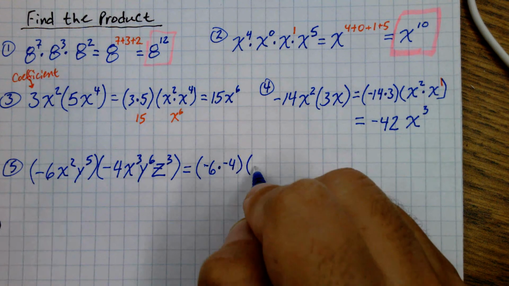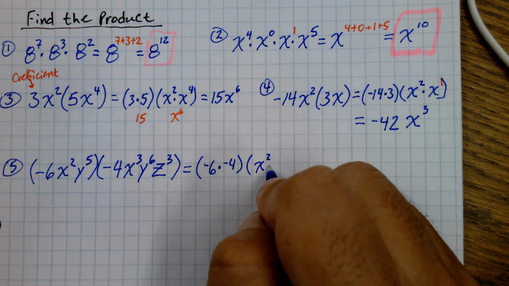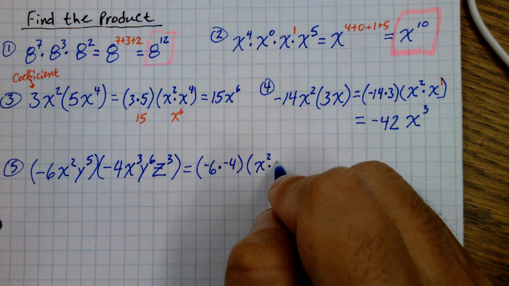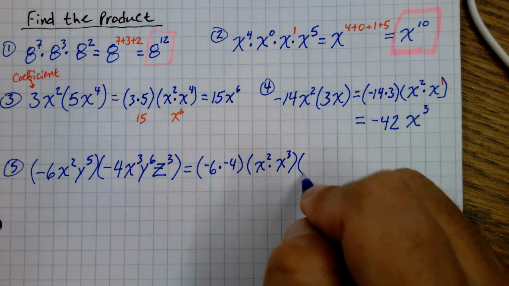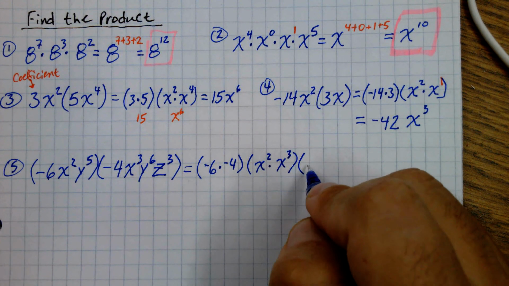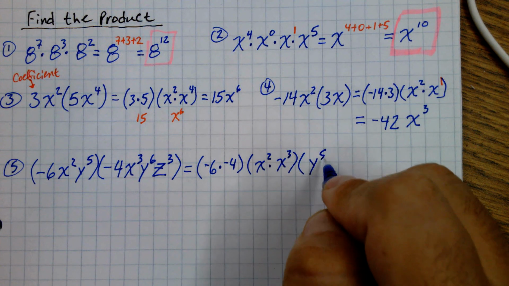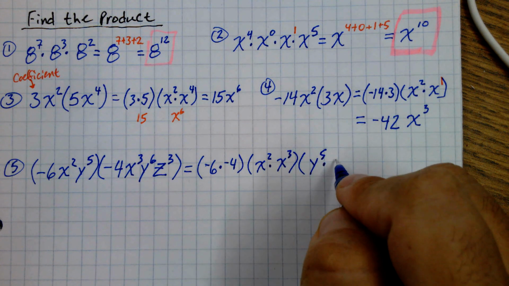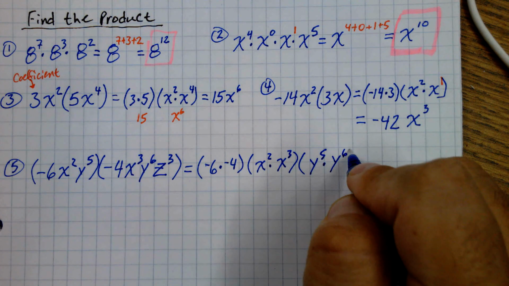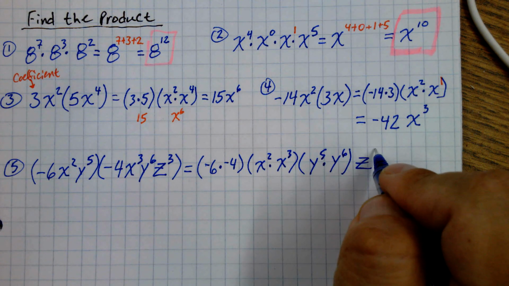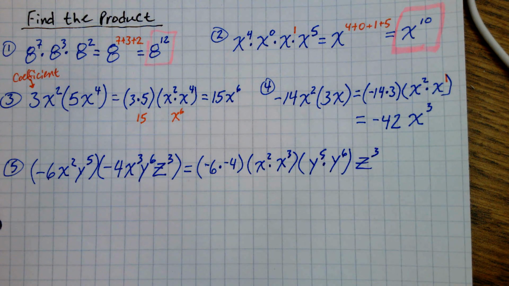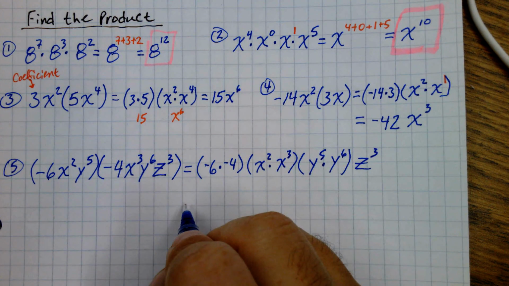I'll do the x's, x squared times x cubed. We got y's, y to the 5th times y to the 6th. And then we have z to the 3rd power. Nothing with z to the 3rd power, so.